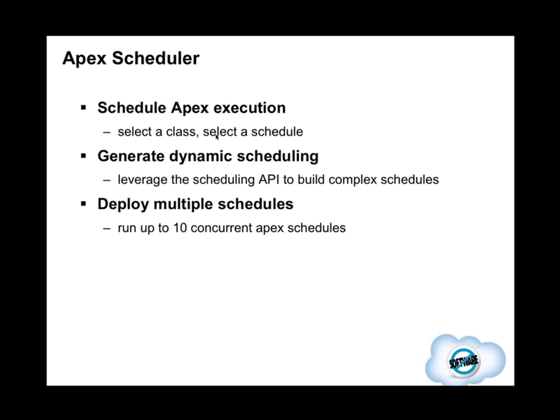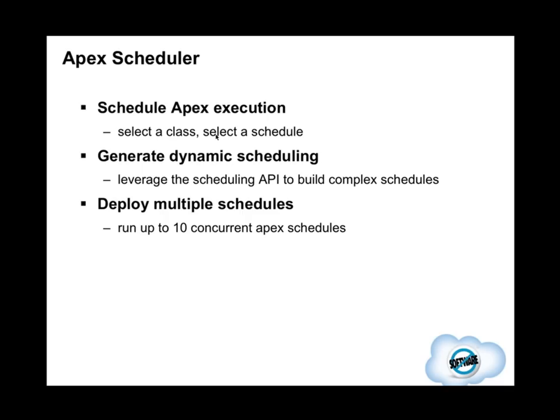As part of the pilot, we're still looking at how many schedules you can have running per organization, but at this point in time, we're looking at supporting up to 10 concurrent Apex schedules. So you can have 10 schedules running or active per organization. And in the UI, we allow you to schedule once a day, but in the API, we allow you to schedule a process every hour.